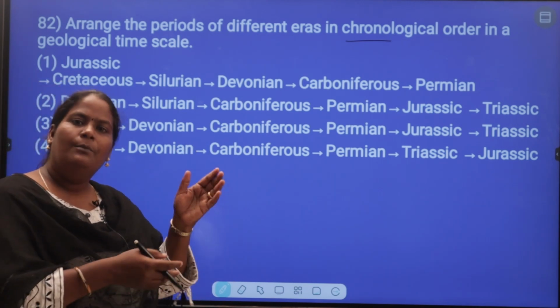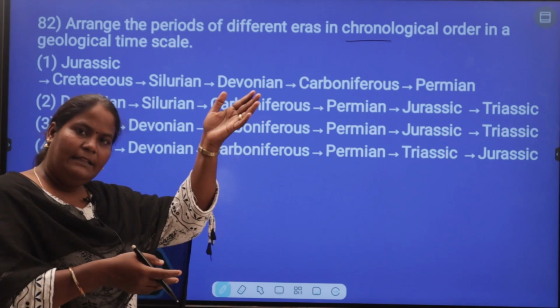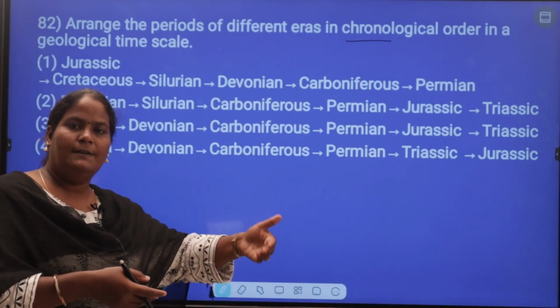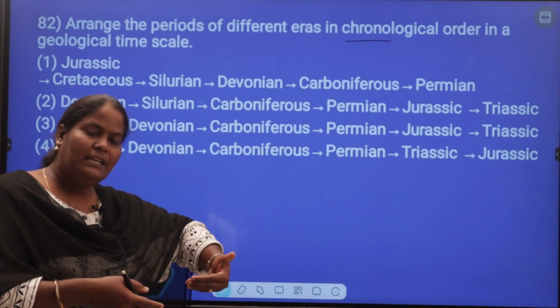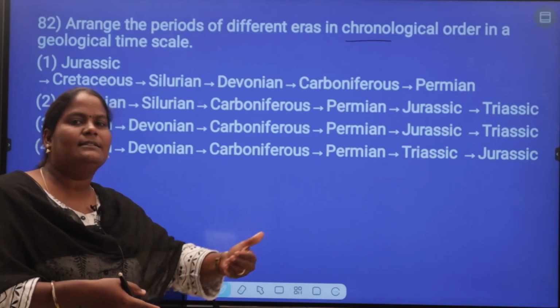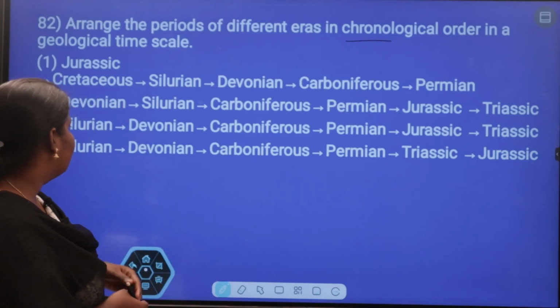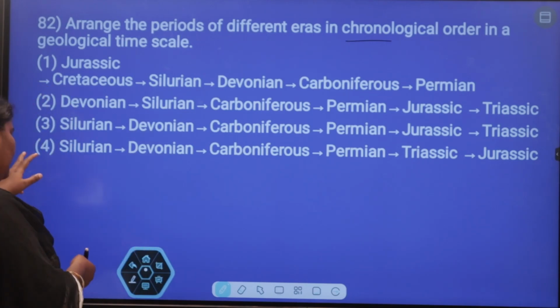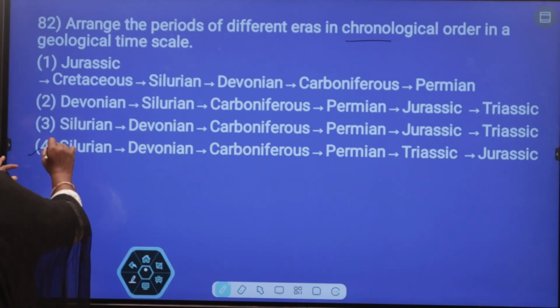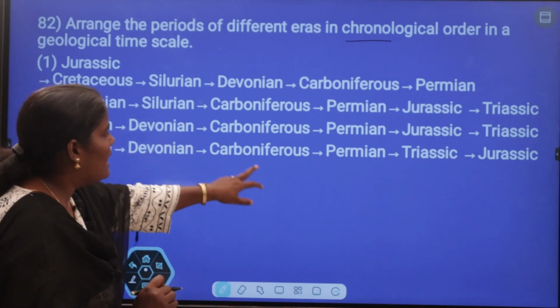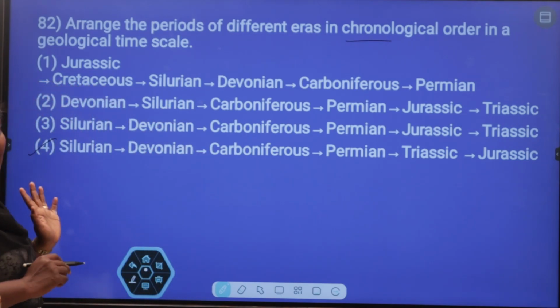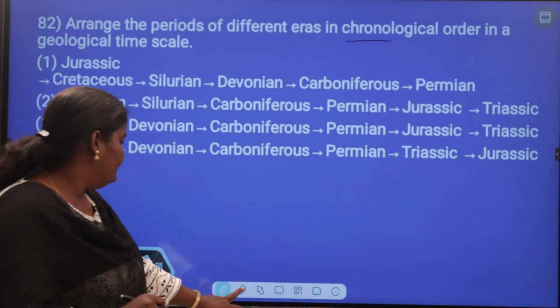In this diagram, both for plants as well as reptiles, they give you the era as well as the period: Paleozoic, Mesozoic and Cenozoic eras. In each era, they give you the periods. So this is a direct book-line question and we can move directly to the answer: Silurian, Devonian, Carboniferous, Permian, Triassic and Jurassic. That is the right answer for this question.